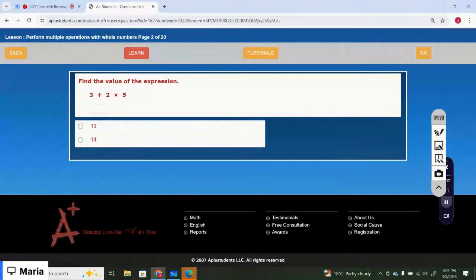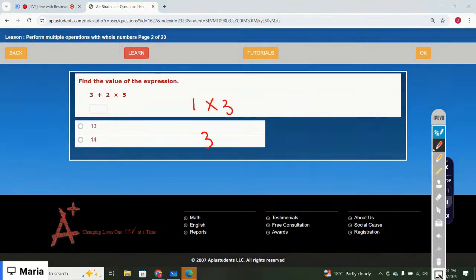Find the value of the expression. You have addition and multiplication.